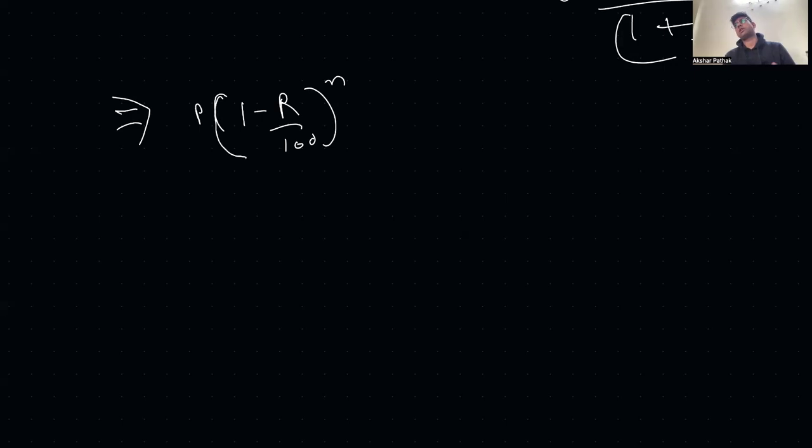So a machine is always degrading, it's not upgrading. So if the value of a machine was P in the starting, after n years its value will be P into 1 minus R by 100 to the power n, because it has been degraded.